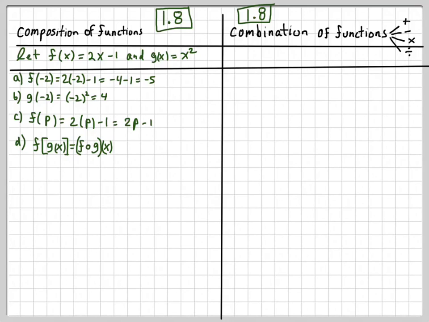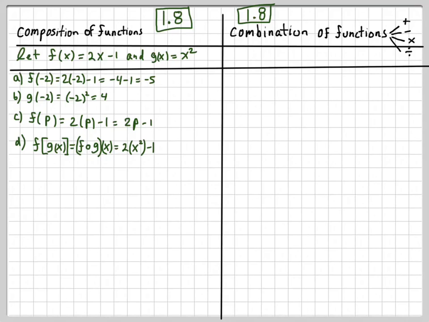Another way that you're going to see that same question written would be parentheses, f, followed by a little circle, followed by g, and parentheses, and x in parentheses following that. That is saying the same thing as before, f of g of x. You sort of read it backwards. You take g and you put it into f.